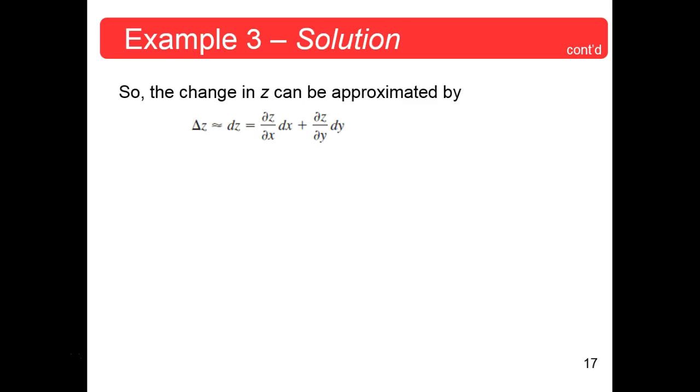Okay. Let's do it here. The possible error involved in measuring each dimension of a rectangular box is plus or minus 0.1 millimeter. That's pretty close, okay?